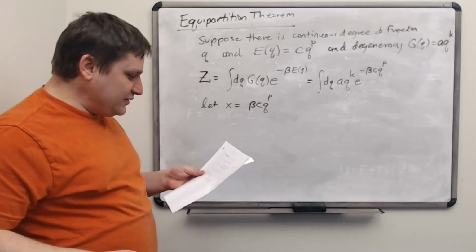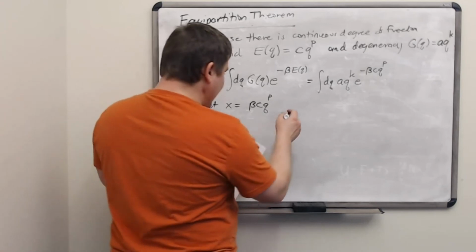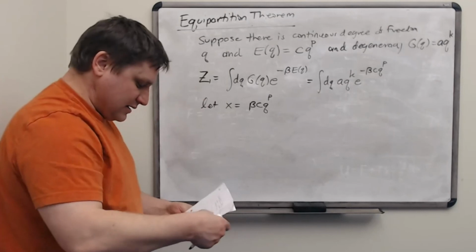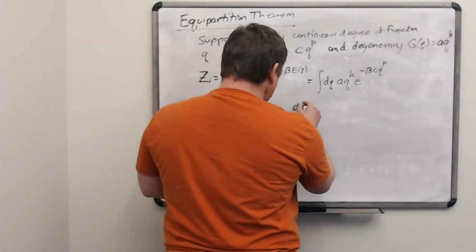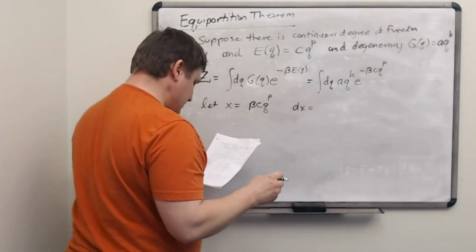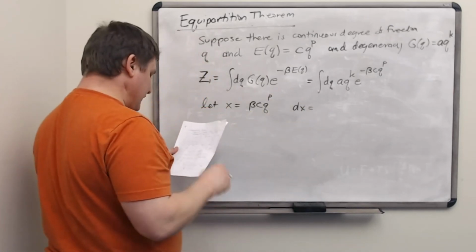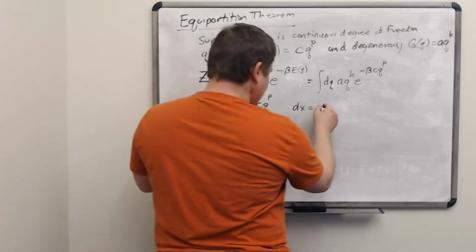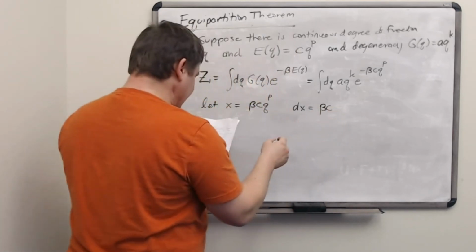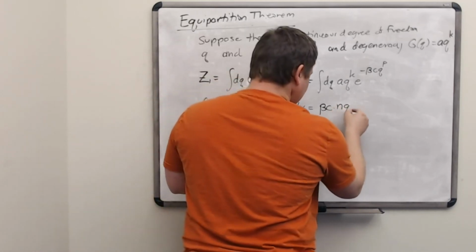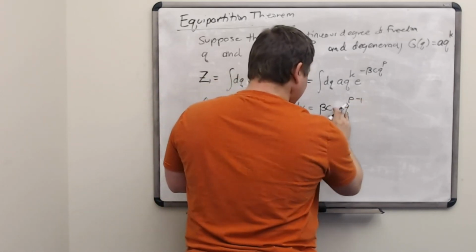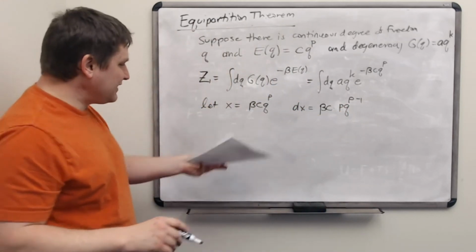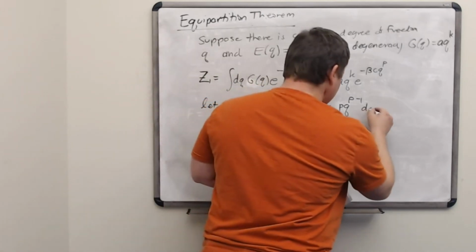If we do that, then dx, we're just doing a substitution here for the integration variable, so we could probably work this out just as an exercise, will be beta C times P times Q to the power P minus 1 times dQ.